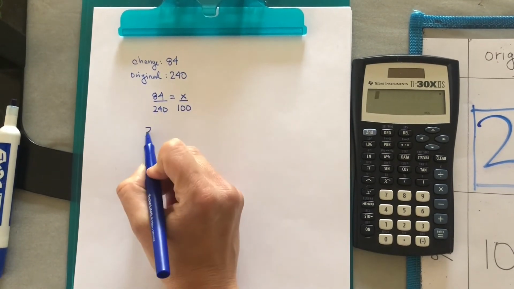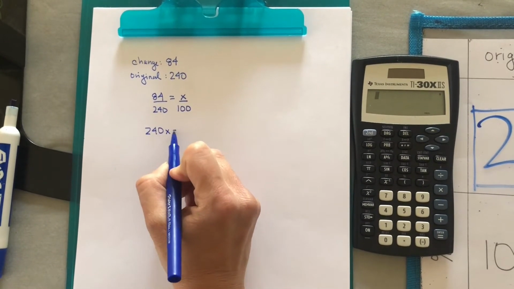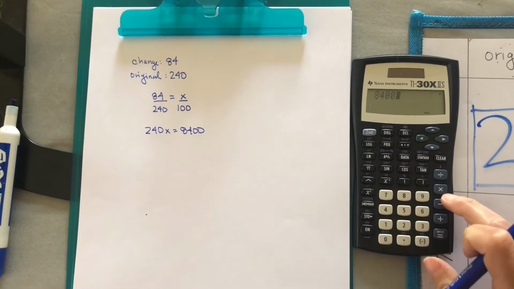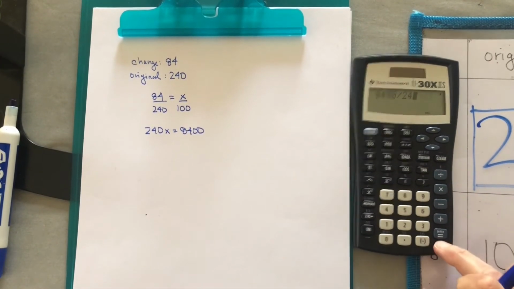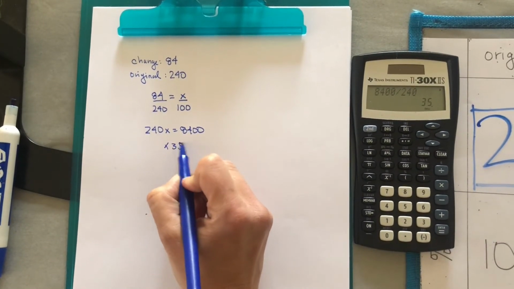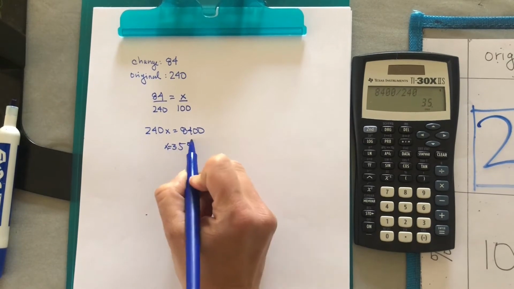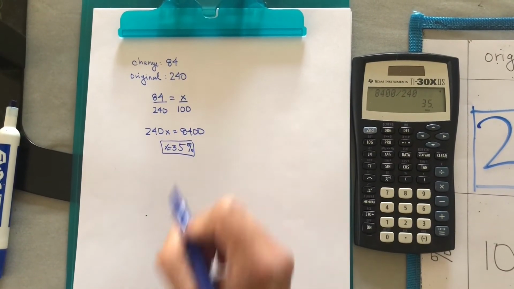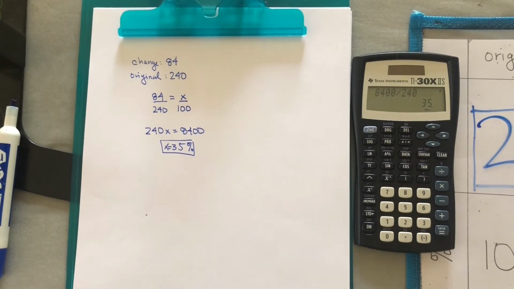And then I would use my cross products to solve for x. And I get 35%. So 35 out of 100 is x, so that's a 35% change from my original money to my money now.